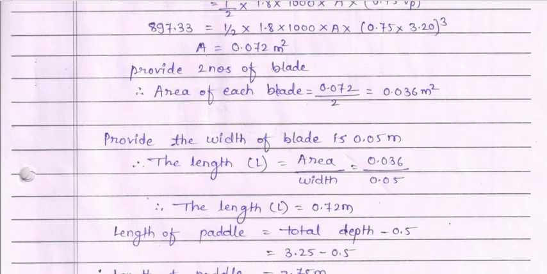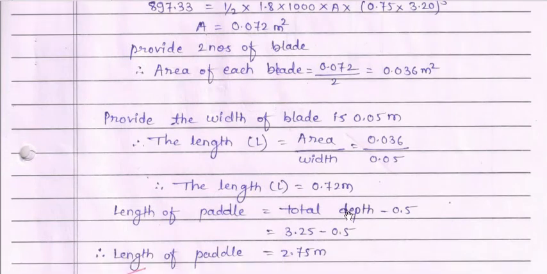Therefore the length of the paddle is equal to the total depth, that is the total depth of the tank, minus 0.5 meter, that is the bottom portion which is left for the movement of the paddle, the movement of the blade. That is 3.25 minus 0.5, that is the length of the paddle.